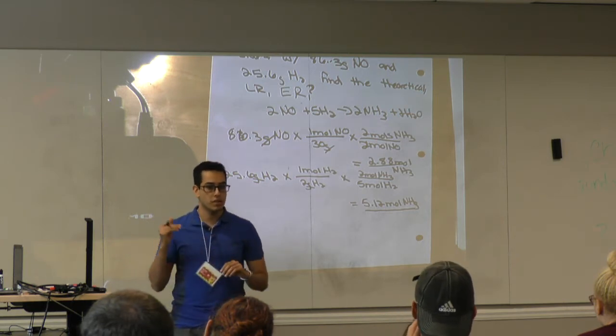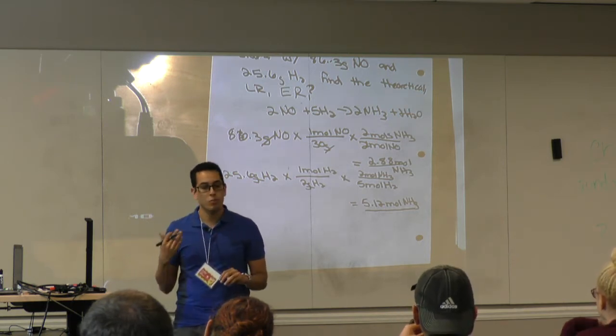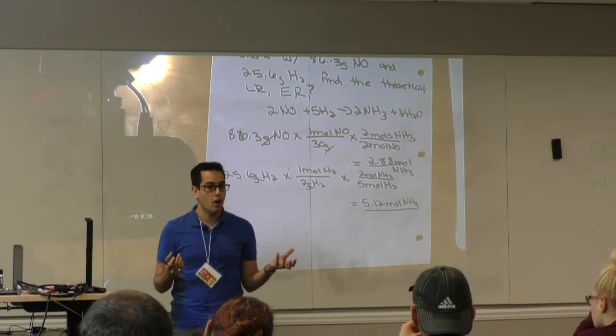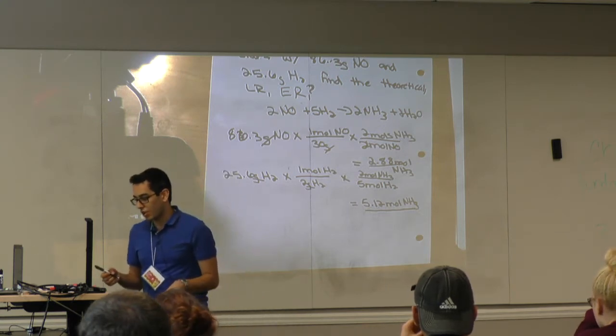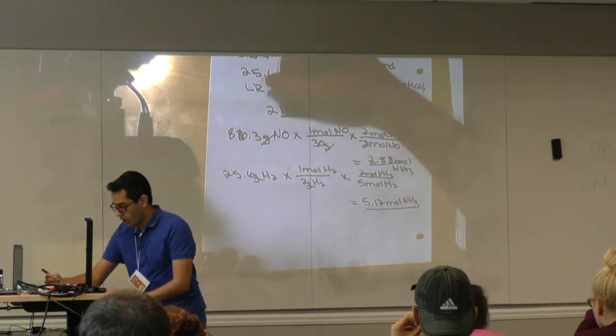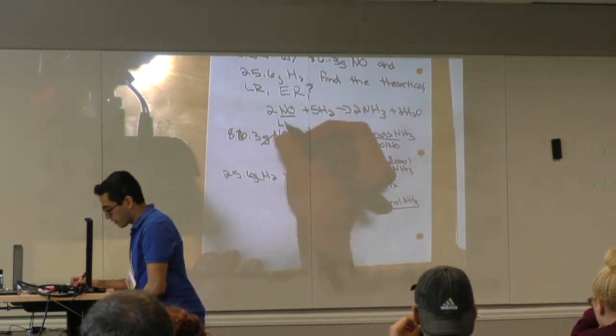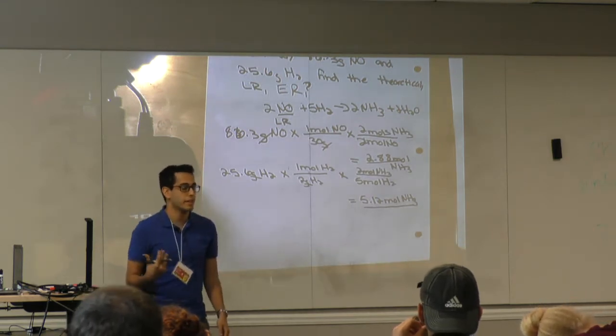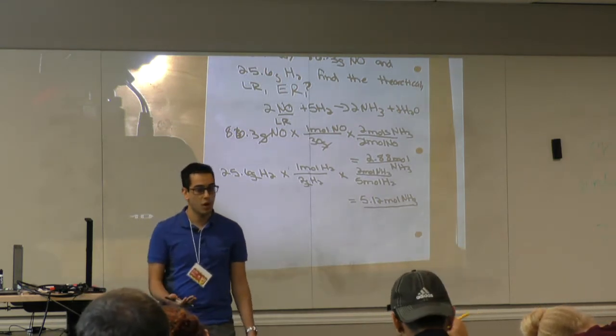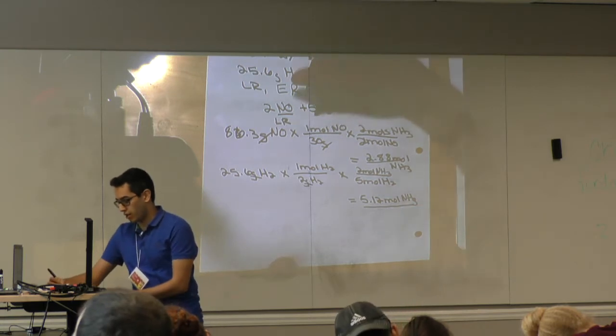We're not going to go with the bigger one because there's more hydrogen than there is NO, so that reaction can't happen. So we have to go with the smaller one. And so we know that NO is our limiting reactant. As far as our excess reactant, it's the reactant that has excess or has been left over, which we know is H2.